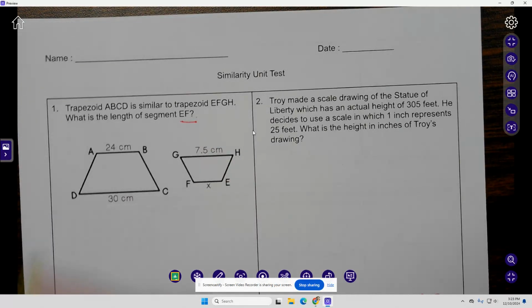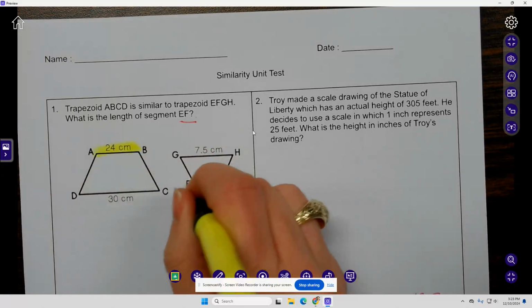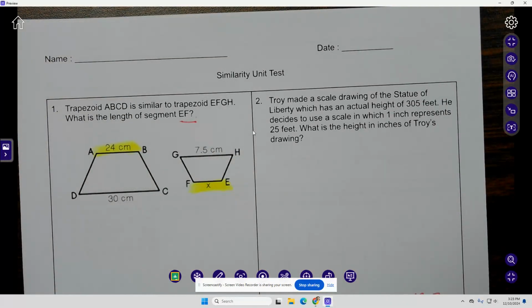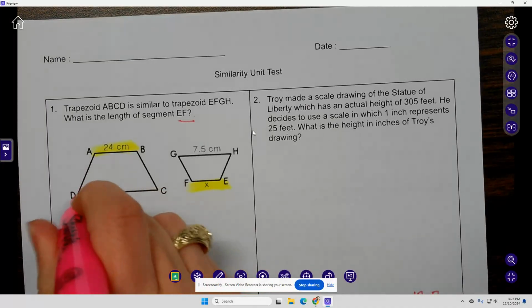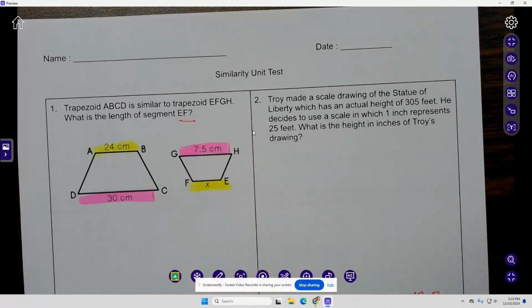Line segment AB corresponds with FE, and line segment DC corresponds with GH. All right, so that's really going to help when we set up our proportion.